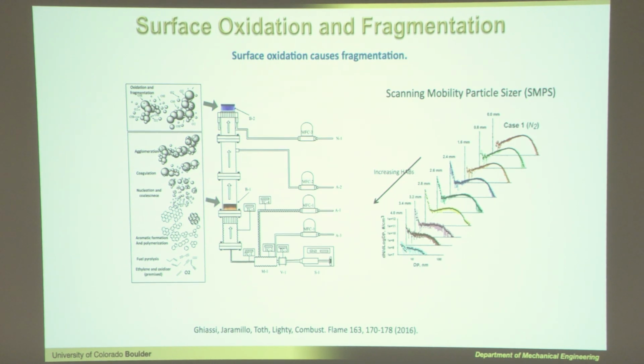And then as you go up in that second burner, so this is height above the second oxidizing burner, you see that you start to get a small fraction, right? A second peak starts to grow in at smaller sizes, and they interpret this as the particle starts to break apart and generate small particles. This is a very nice study. Showing that the big particles go away and they generate small particles, and then those particles oxidize away.